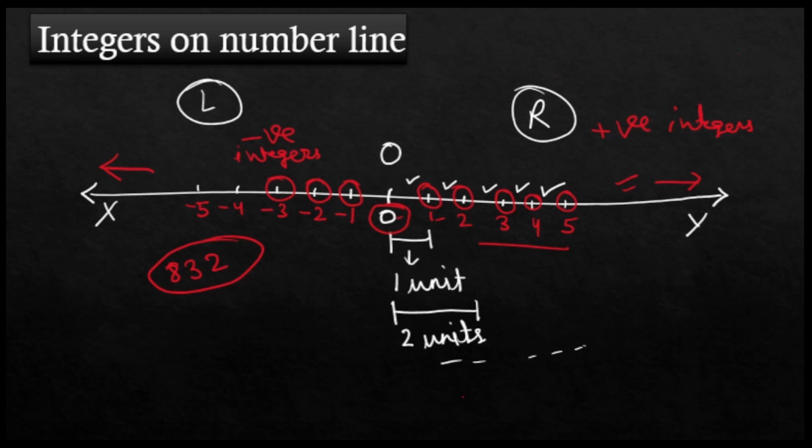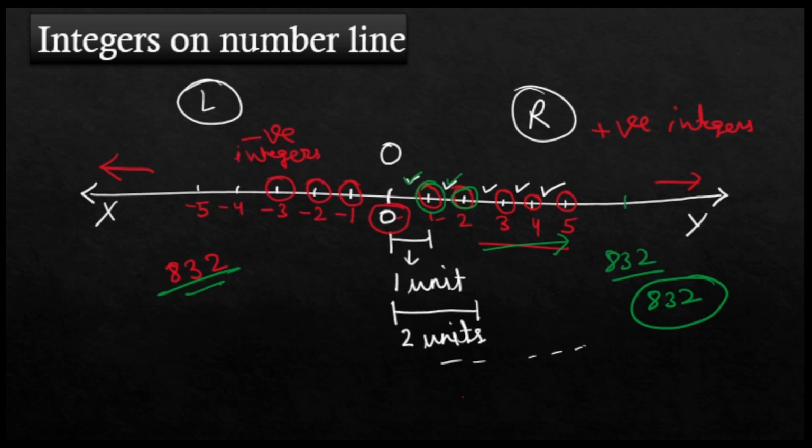After 1 unit we get integer 1, after 2 units we get integer 2, and the process goes on. For 832, after 832 units we will have integer 832 on the number line.